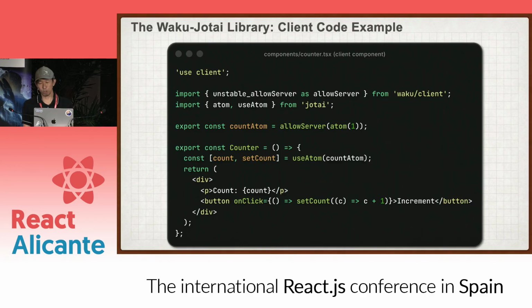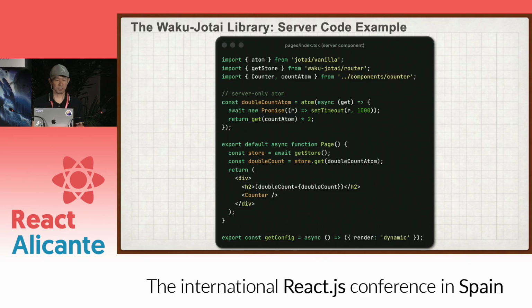Now, the server code includes something different. This is server code. In the first few lines, we see some import statements. One important import is getStore from Waku Jotai router. Then we define a server-only atom, doubleCountAtom.